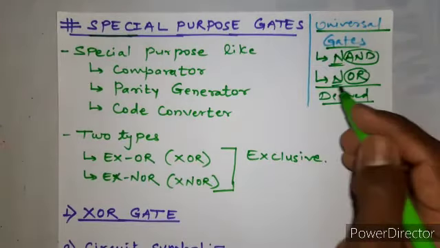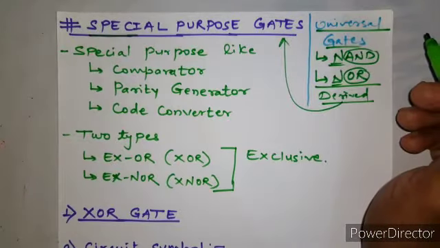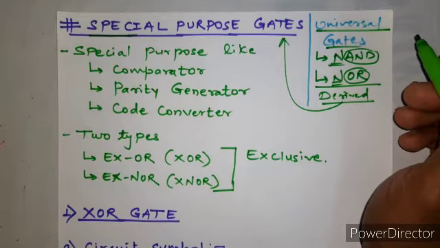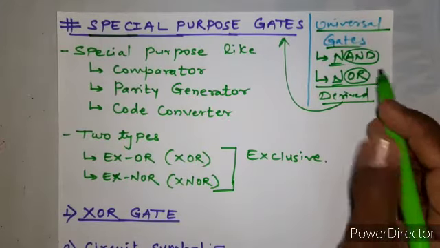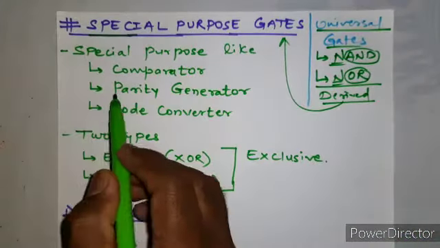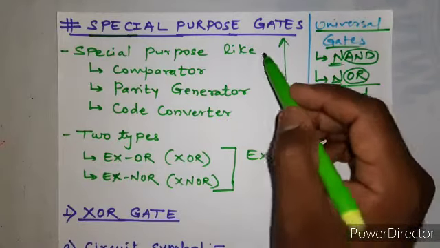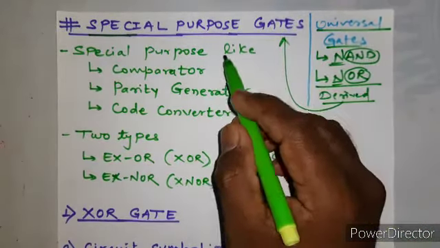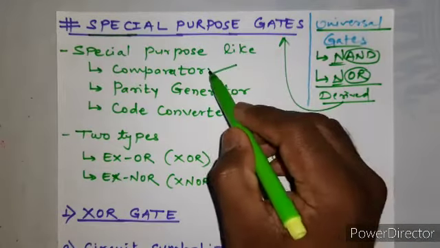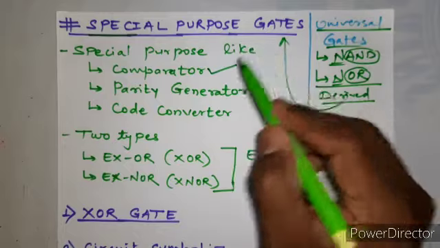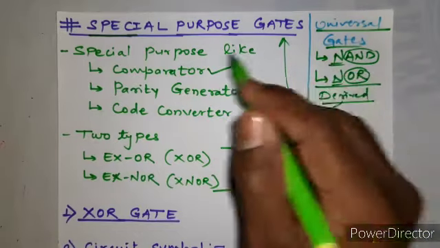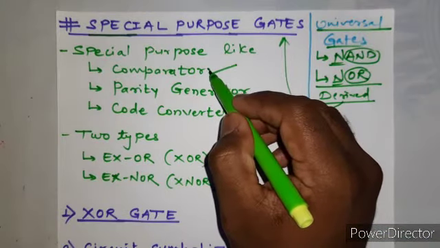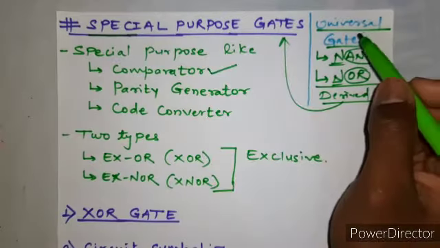Again, these special purpose gates are derived ones, because we use the basic gates to build them. Why are they called special purpose? Here I have mentioned some special purposes where these gates are used. Comparator: in digital circuits we compare bits, and that circuit is composed of special purpose gates.